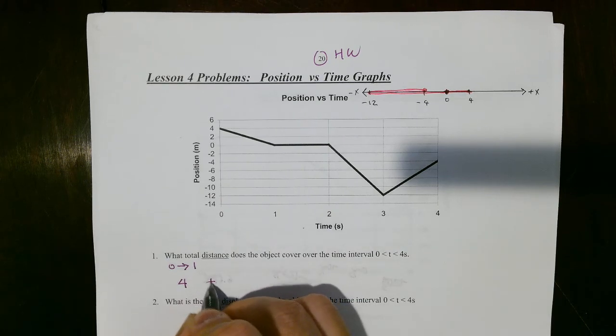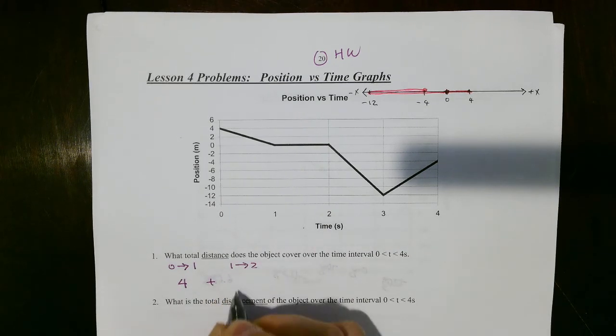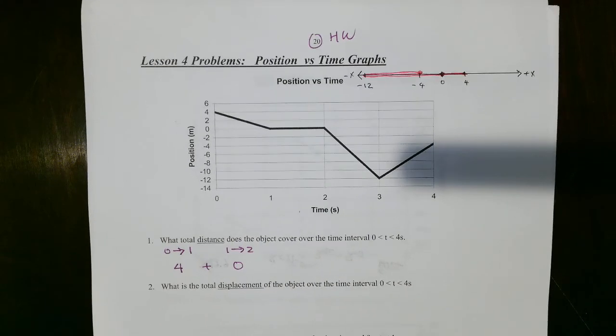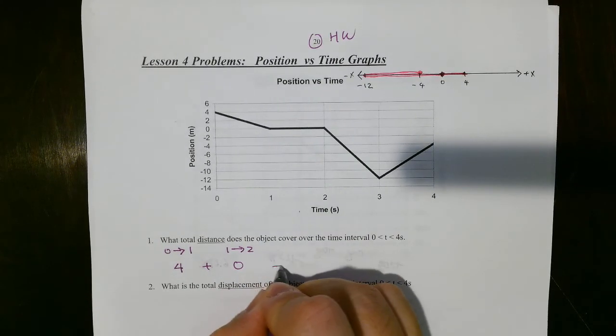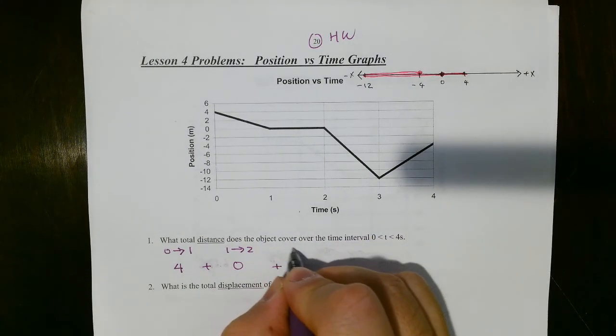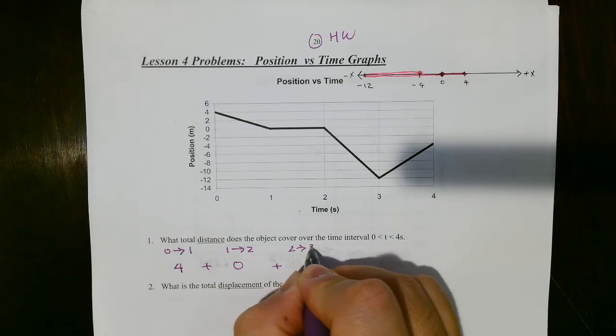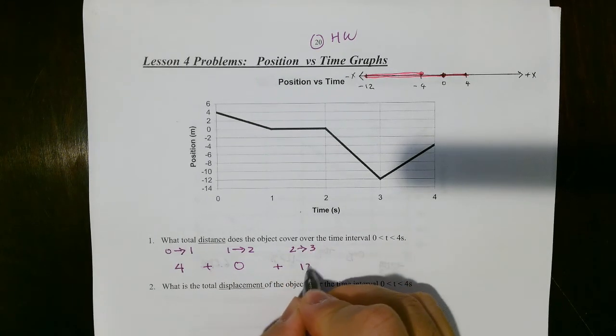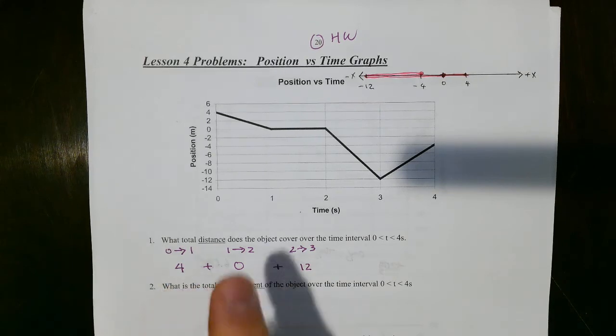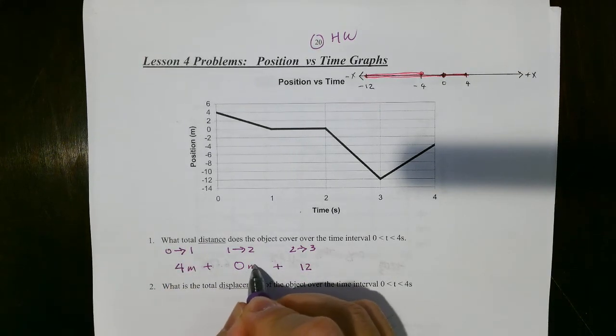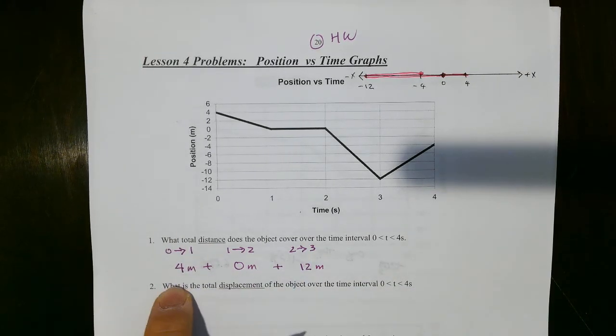And then from 1 to 2 seconds, it really didn't go anywhere. And then from 2 to 3 seconds, it traveled 12 meters. Now notice I am not putting any negative signs. I'm just putting in how much distance it traveled.